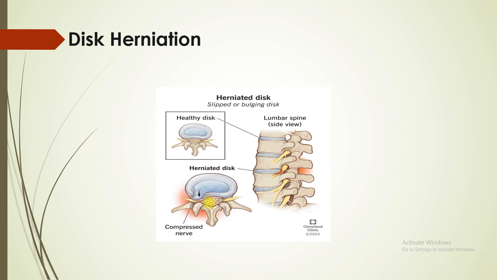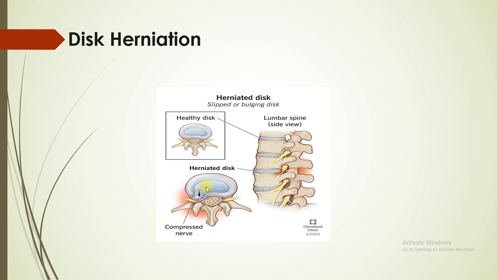Here we need to understand what disc herniation is. The other name for disc herniation is slipped or bulging disc. What happens is that the nucleus pulposus protrudes or pushes through the annulus fibrosus and creates pressure on the nerve.